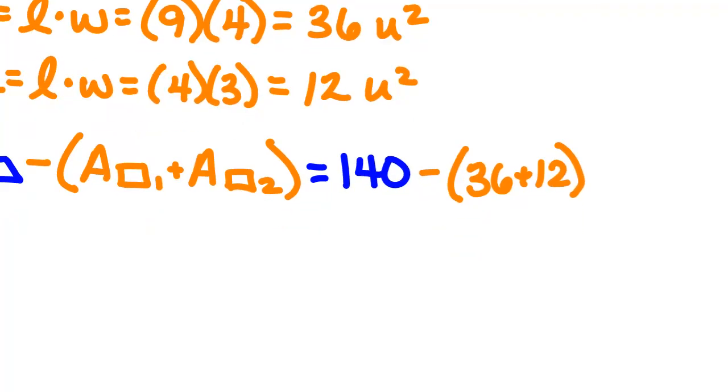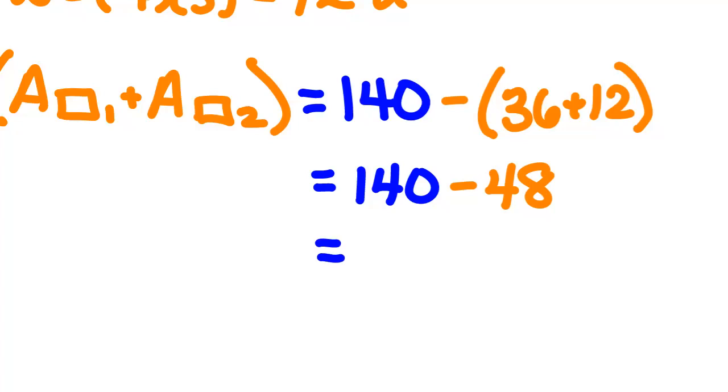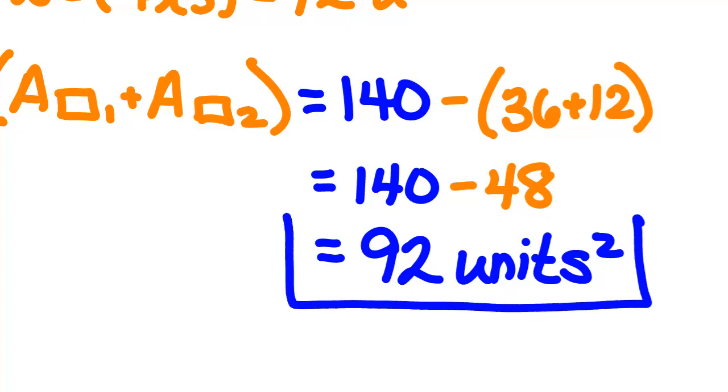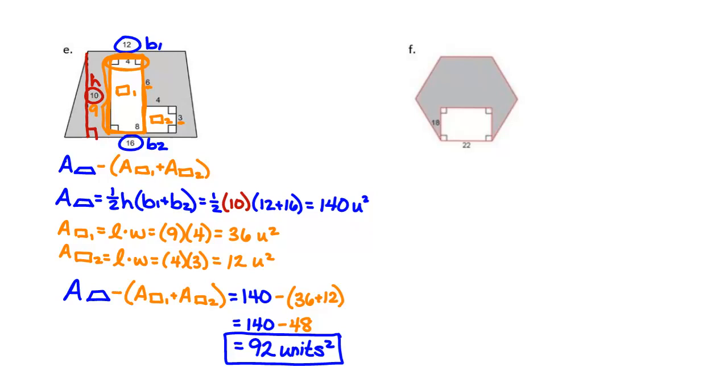What is 36 plus 12? 48. So I have 140 minus 48, which would give me what? 92 units squared. Very nice work so far. Yes. All right, let's see what you got.